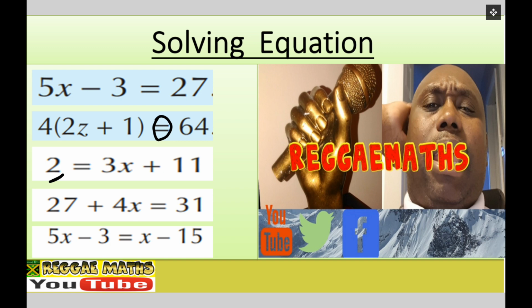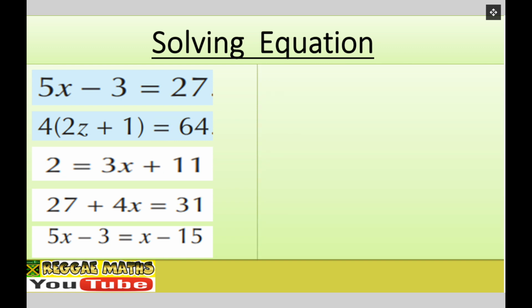If I start working through these, I'm going to go through two ways. I'm going to take this first one and go through two ways to do this. First of all, I'm going to show you the mapping way.